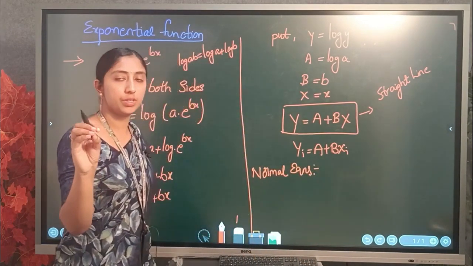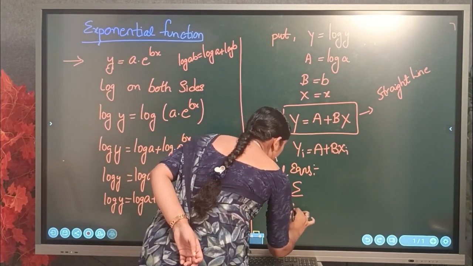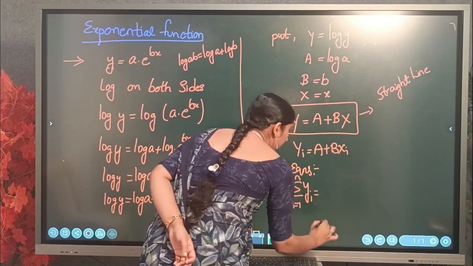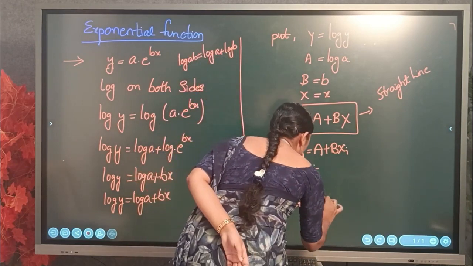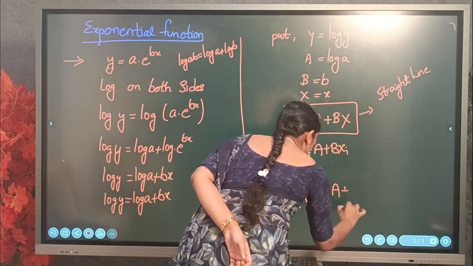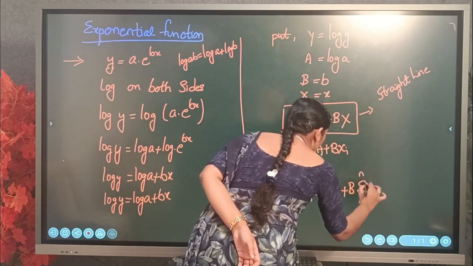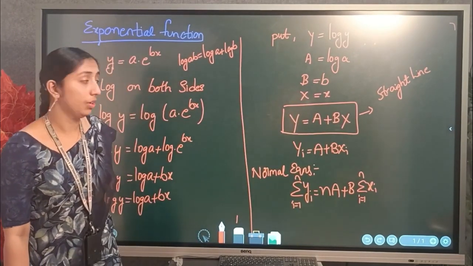For any normal equation you have to apply summation on both sides. Summation i is equal to 1 to n of yi is equal to, a is a constant, that means a into 1, we get n a plus b, a constant, times summation i is equal to 1 to n of xi. This is one of the normal equations, with respect to a.